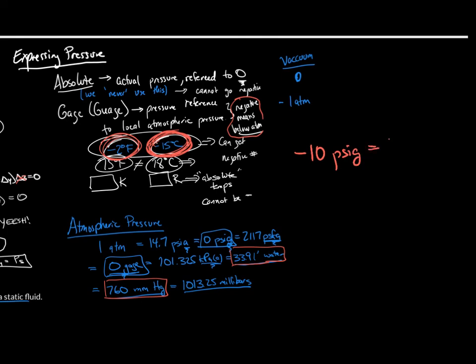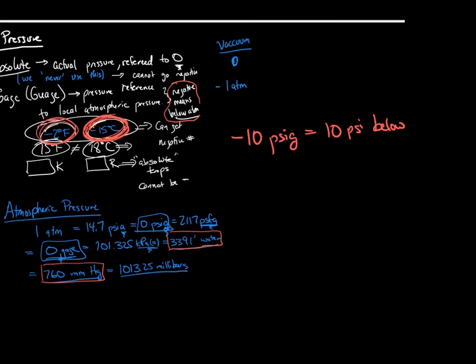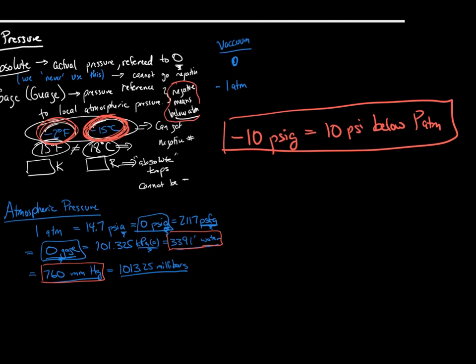Well, that means I'm 10 psi below atmospheric pressure, which we'll typically write as below the pressure in the atmosphere, PATM. Now, what if I said I had positive 10 psi-G?